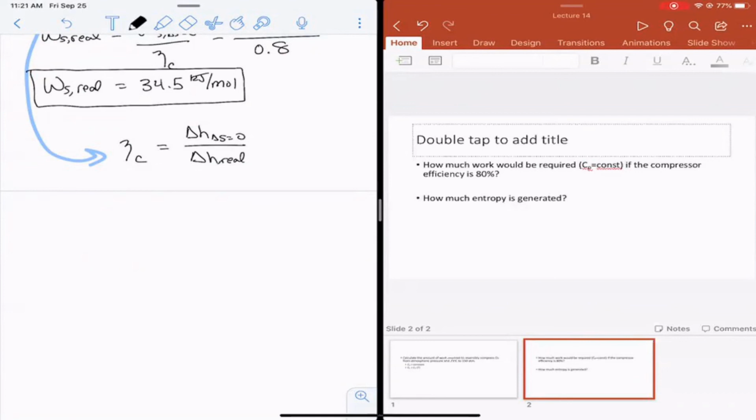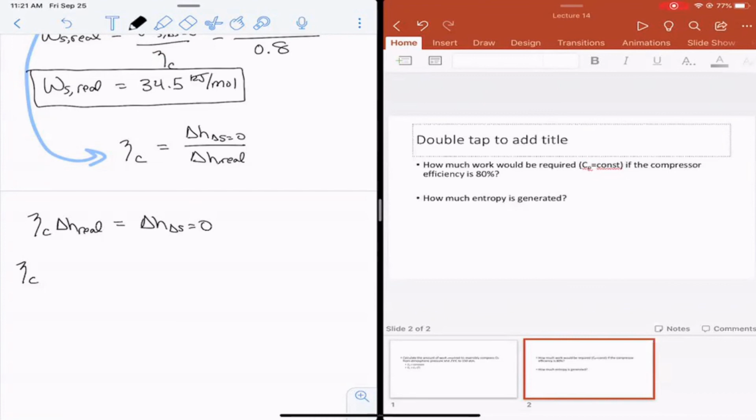And if that's true, I'll just multiply delta H real to both sides of this equation. And I find that the efficiency times delta H real is equal to delta H when delta S is equal to 0. And we know that delta H, and again, we'll just assume for this one, so the math is a little bit easier, that the heat capacity is equal to a constant, but it doesn't have to be.